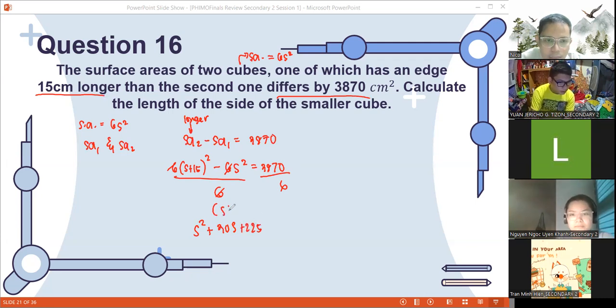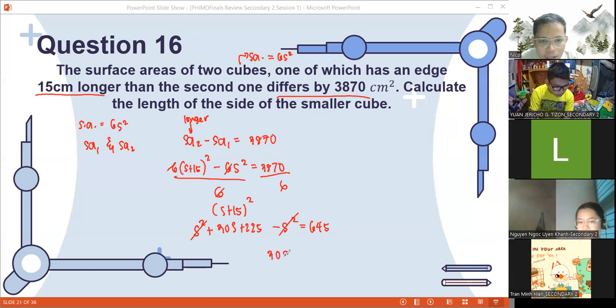This one here is (s plus 15) squared minus s squared is equal to 645. Don't forget, you divide it by 6. So we have 30s is equal to 645 minus 225.